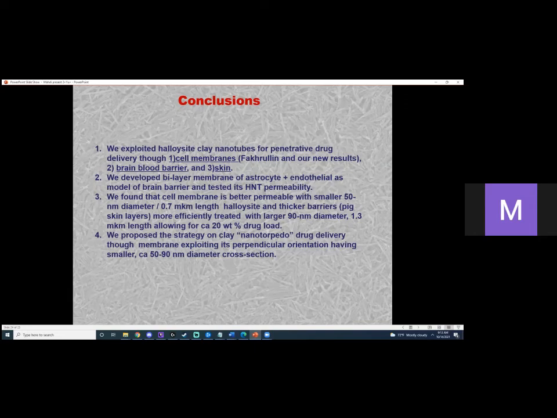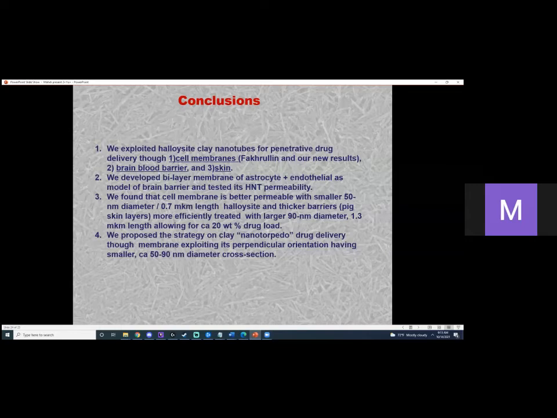We found that cell membranes are better penetrated by smaller halocyte with 50 nanometer diameter and 0.7 micrometer length, and thicker barriers such as pigskin layers are more efficiently treated with larger 90 nanometer diameter and 1.3 micrometer length, allowing for a 20% increase in drug load.